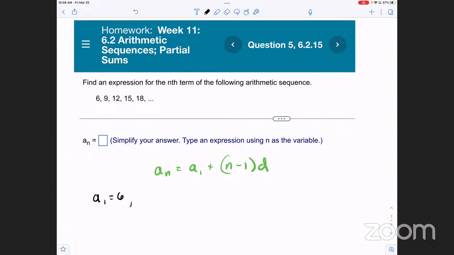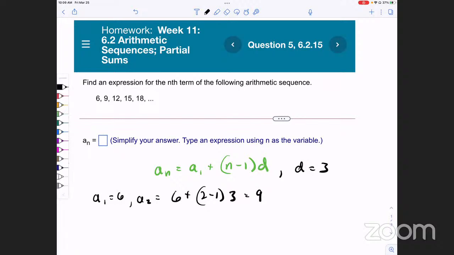So if we do A2, that's gonna be 6 plus, oh, and we need to find the D. The D is, what did we say, it was 3, right? So then that's gonna be 2 minus 1 times 3. 6 plus 3 is 9. And that one checks out.